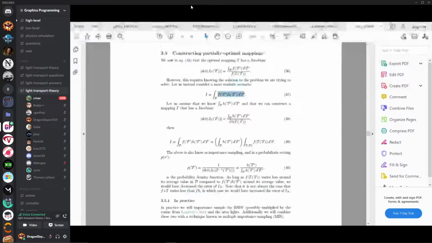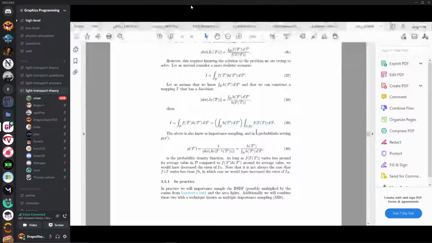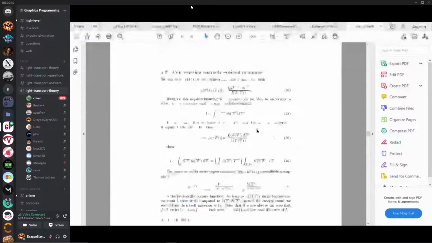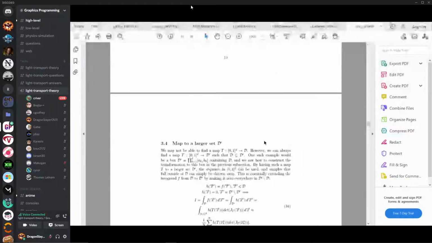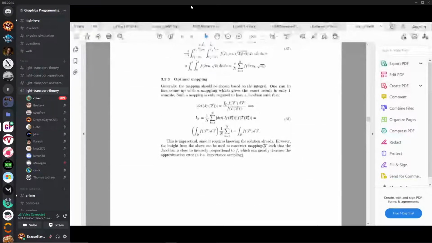So you construct this transformation and plug it in here, and your BRDF would disappear from the integral, hopefully decreasing the error of your estimator. So your new estimator would require fewer samples.